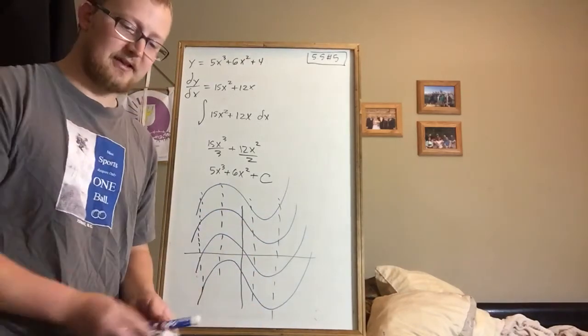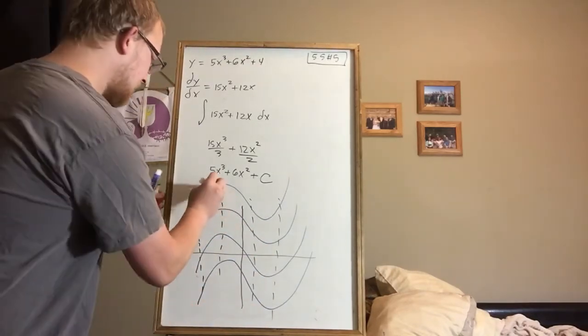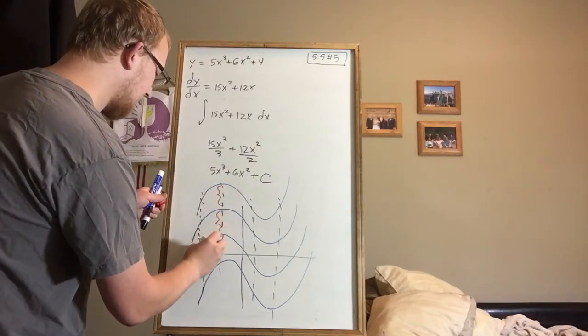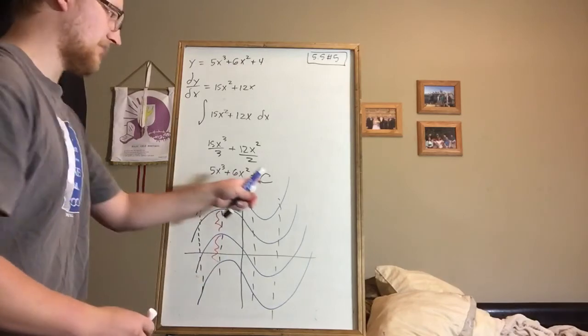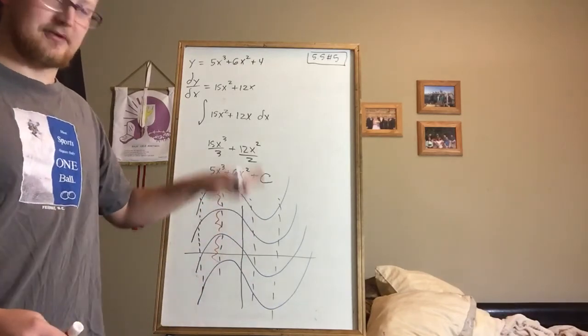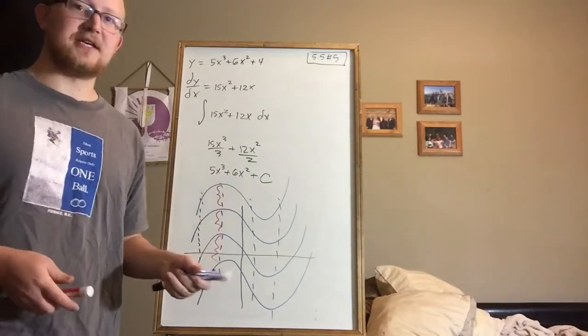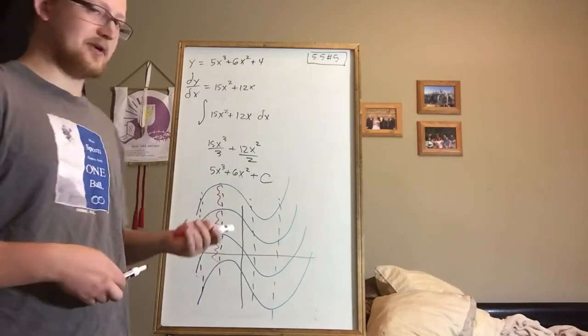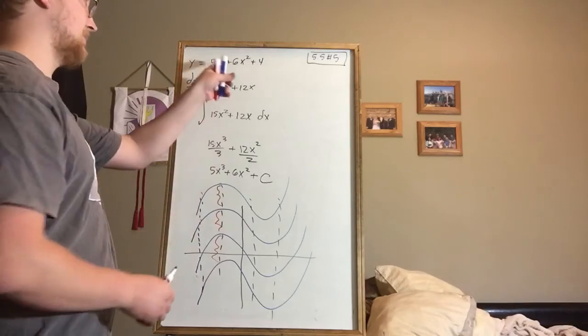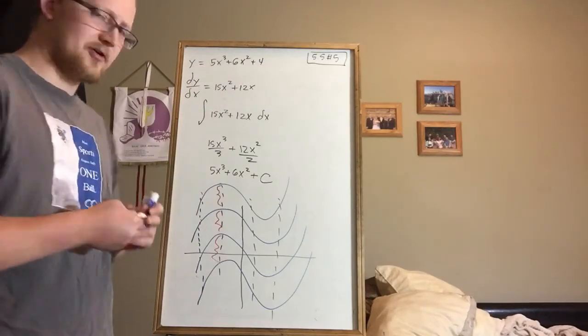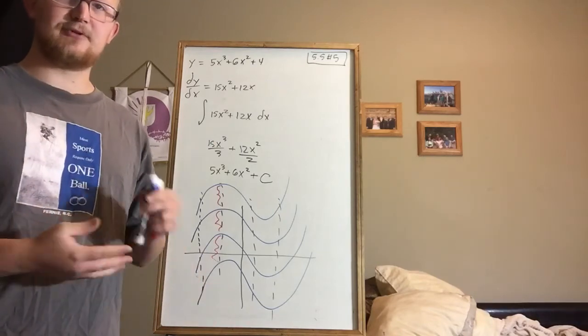The only difference is they'll be shifted apart from each other in the y direction, and that's what the plus c is. It's a vertical shifter. The only way we can solve for c is if we have some initial condition, or unless we know the original function.